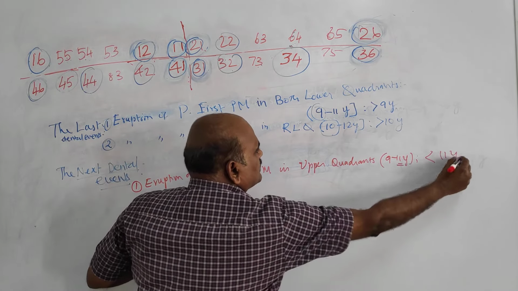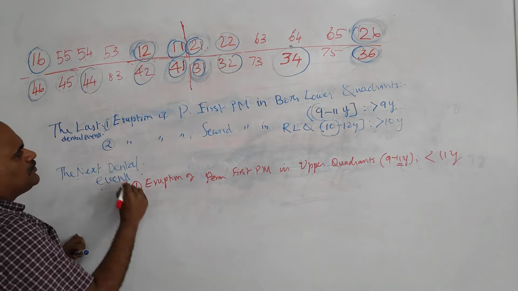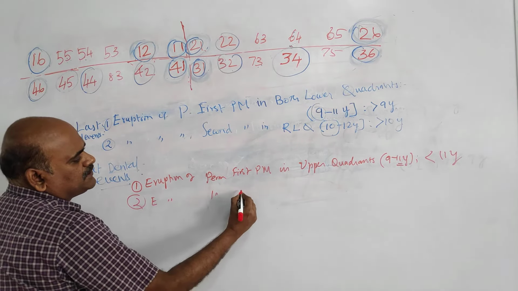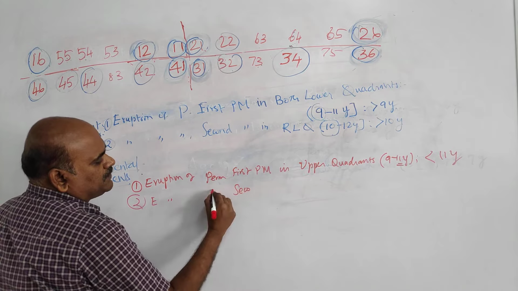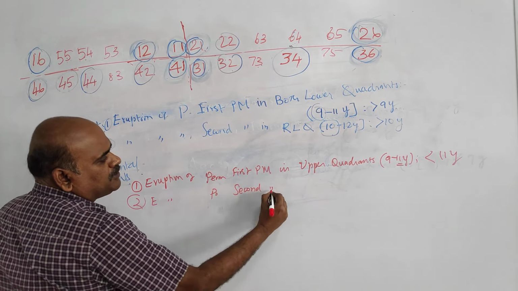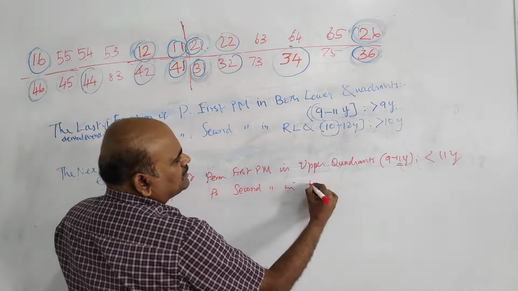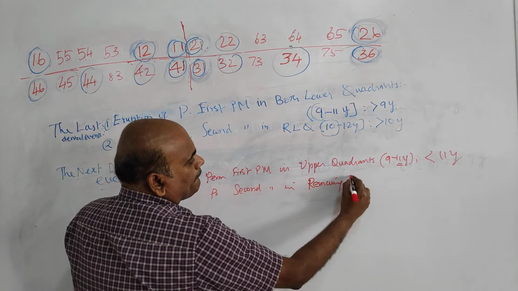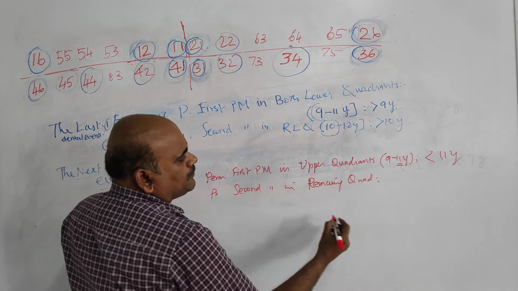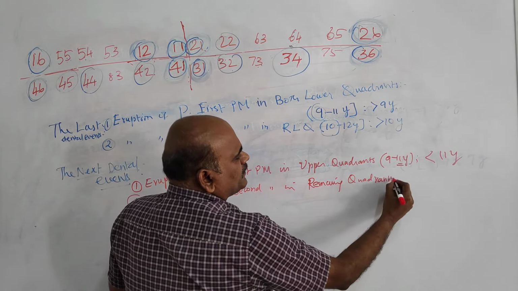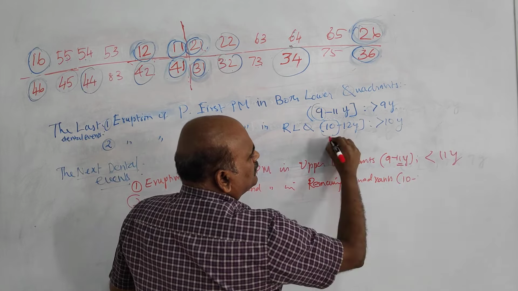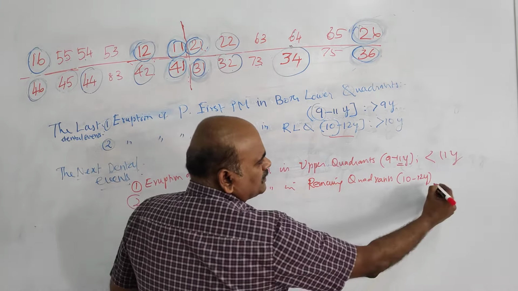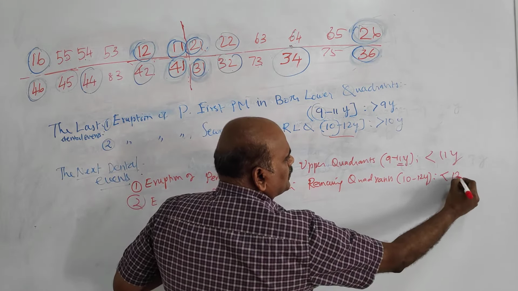Age is less than 11 years. Similarly, we have to mention about the eruption of permanent second premolar in remaining quadrants, only in right lower quadrant, remaining quadrants. 10 to 12 years is the normal age of eruption of permanent second premolar. So since it is not erupted, less than 12 years.